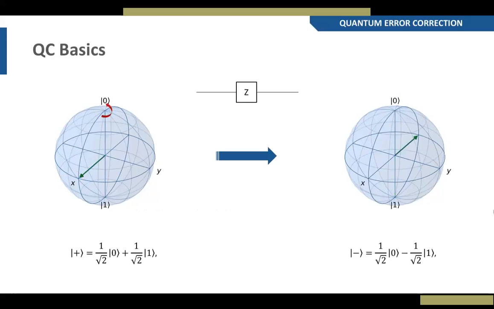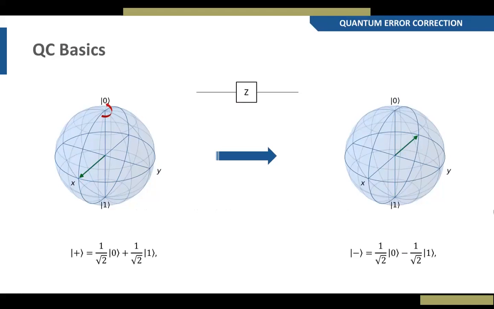Next one, another very straightforward one. That's the Z gate, which is similarly a rotation along the z-axis by 180 degrees. So a vector like that on the left-hand side pointing to the positive direction of the x-axis will be rotated to the negative direction of the x-axis.